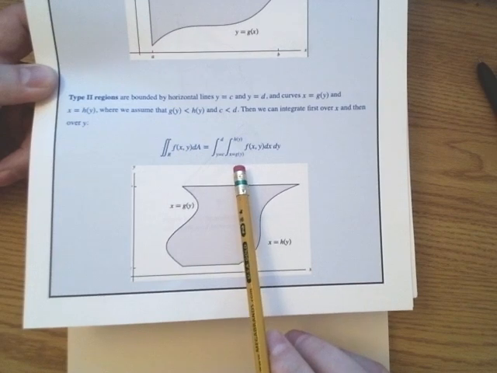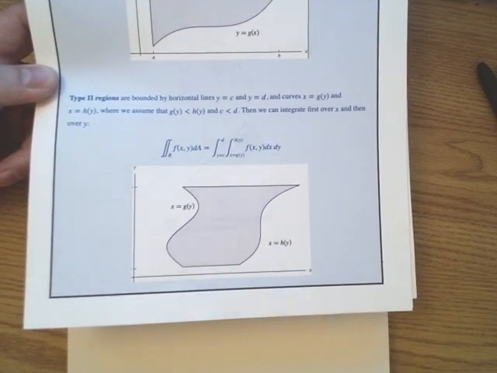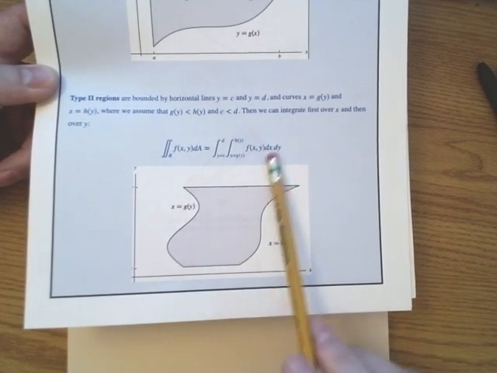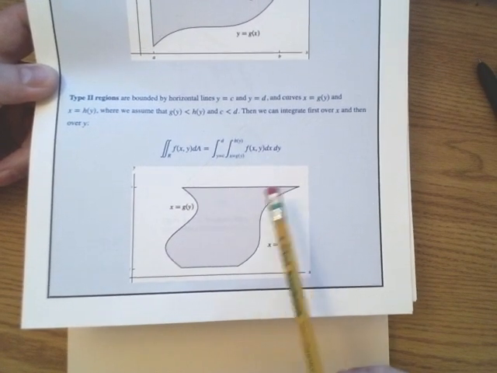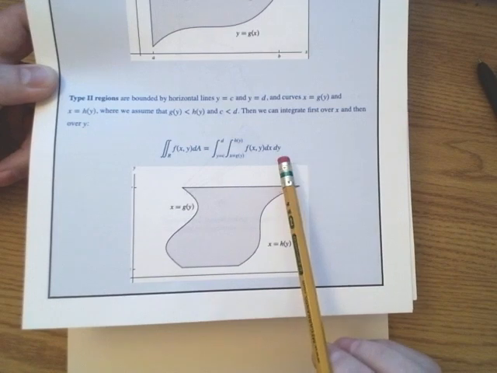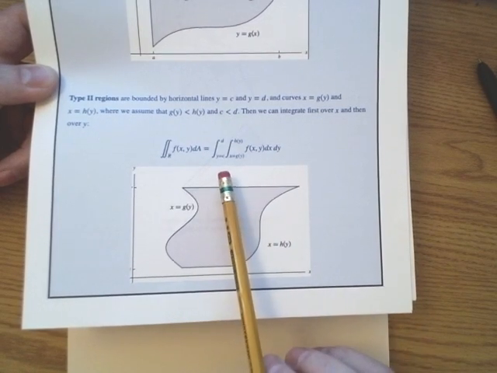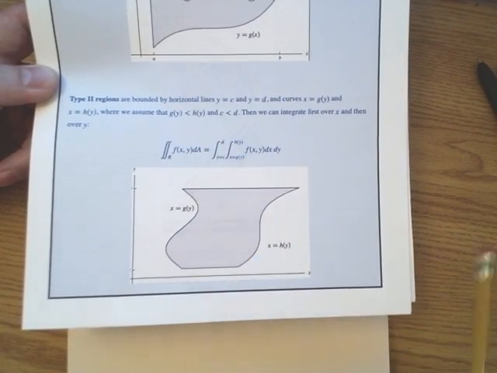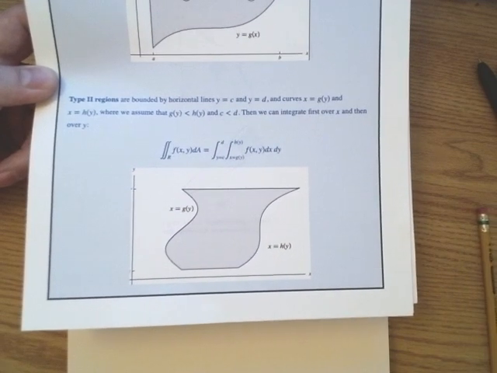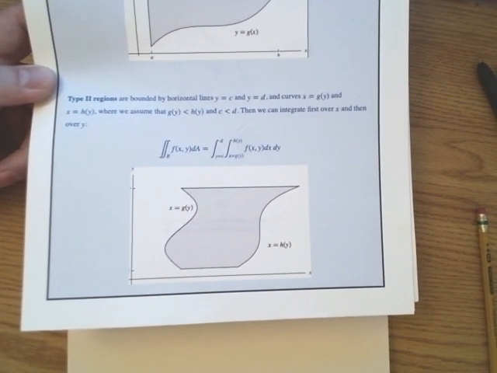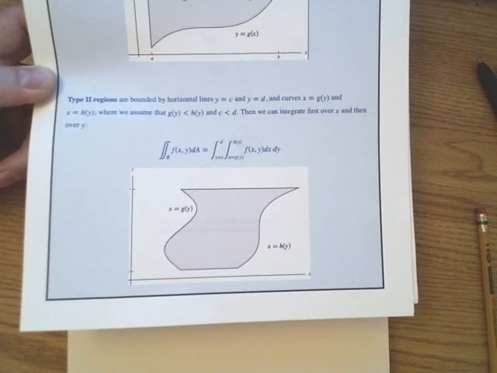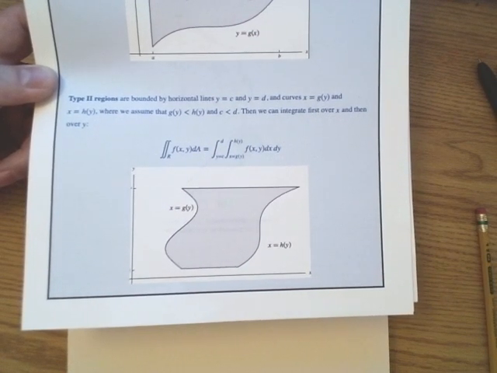So x is going from g of y up to h of y, with that inner integral being some function of y in the end. Then you're integrating that function of y dy, where y goes from c to d. Now we'll have similar ideas occurring when we're talking about integrating with polar coordinates.